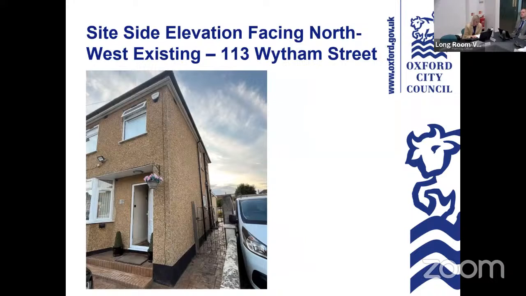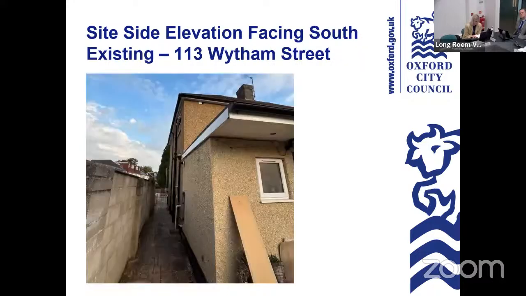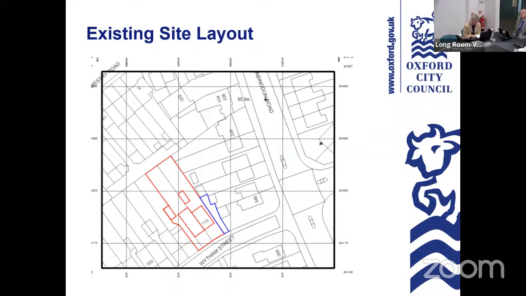This is the side elevation of number 113 taken facing northwest towards the property, and the side elevation of number 113 taken facing south towards the property. This is the existing site layout. Numbers 111 and 113 are within the red boundary line. The blue boundary line in this plan is a road/pathway, which is not owned by either property and would not be part of this application. So it's just to clarify that there's no development proposed within this blue boundary.